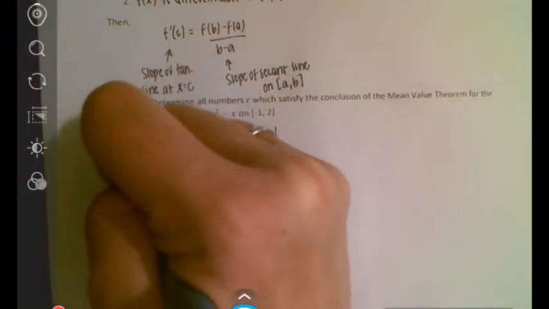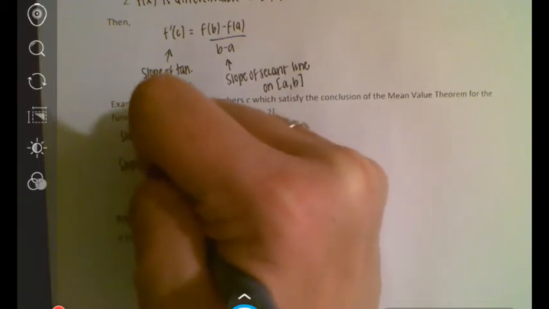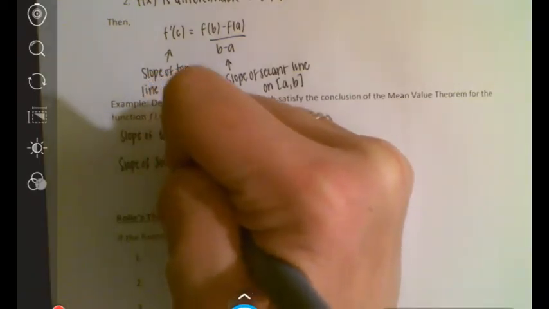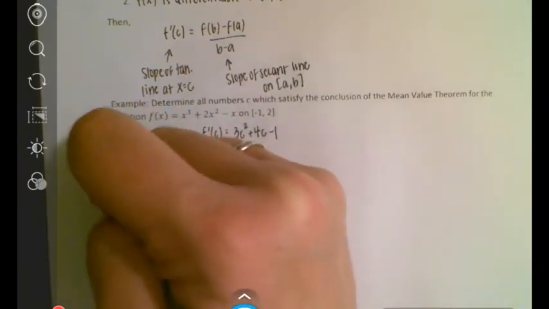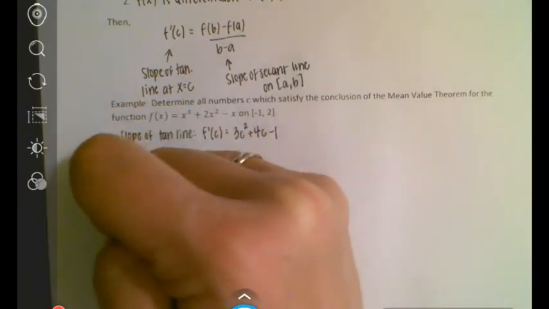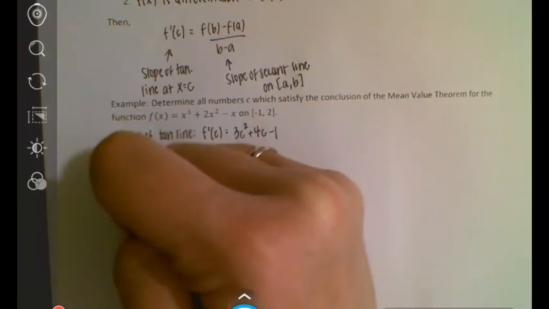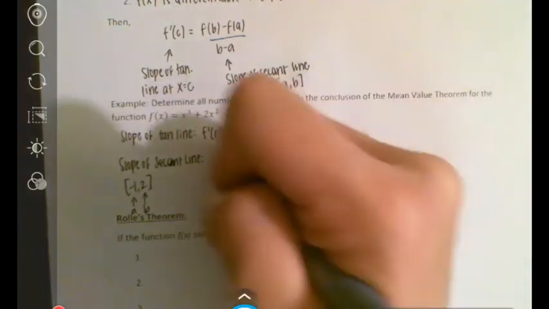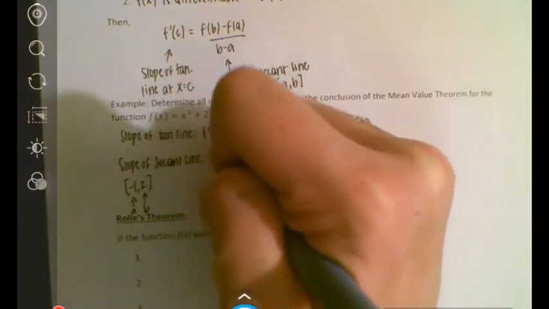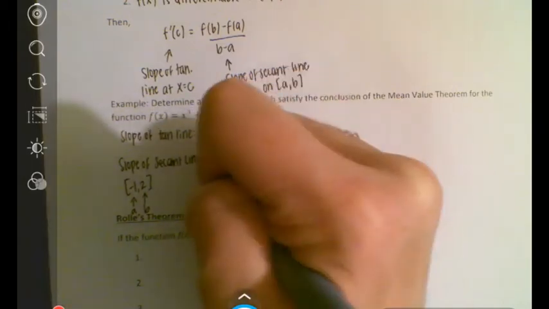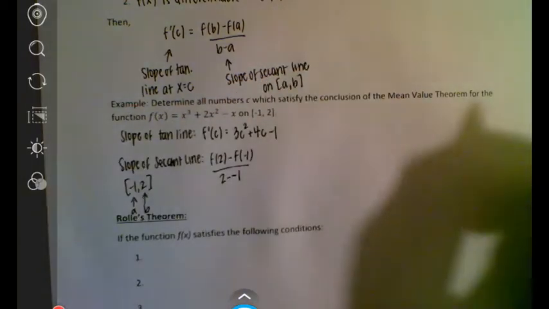And then I want to calculate the slope of my secant line. That's over the interval from -1 to 2. So that means that my a is -1, my b is 2. So when I set up the slope of my secant line, I'm going to be calculating f of 2 minus f of -1 all over 2 minus -1.